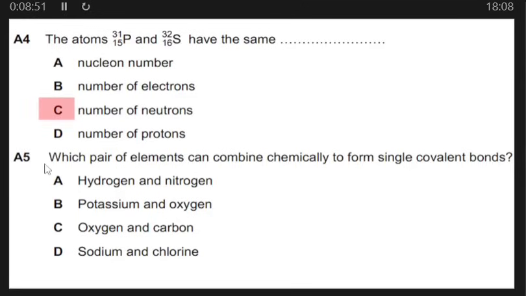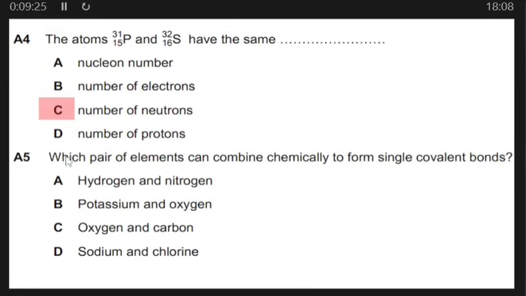Then F5 says, which pair of elements can combine chemically to form single covalent bonds? Covalent bonding is a type of bonding which occurs in nonmetals by sharing outermost electrons to form compounds. These compounds can have triple bonds, single bonds, or double bonds.